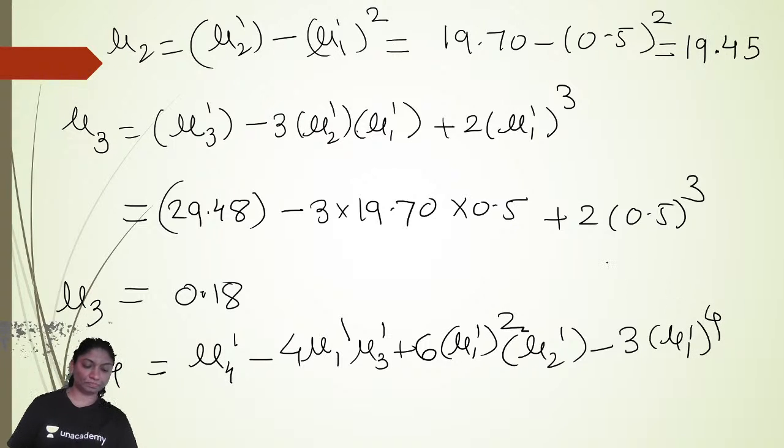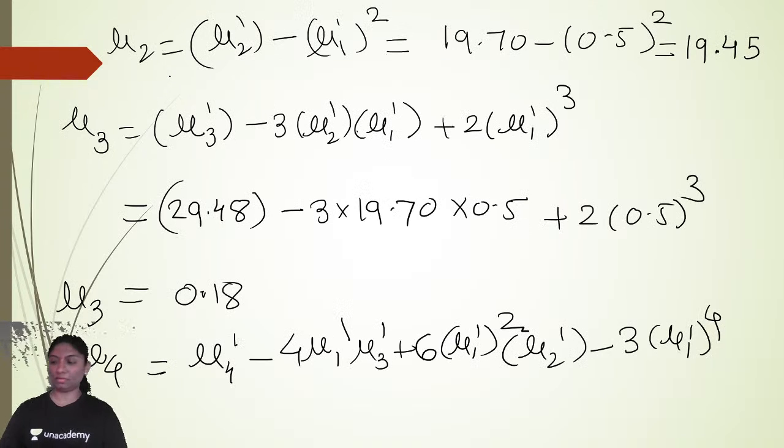Okay. Now just put the values in that formula. So you will get the value of mu4 dash.